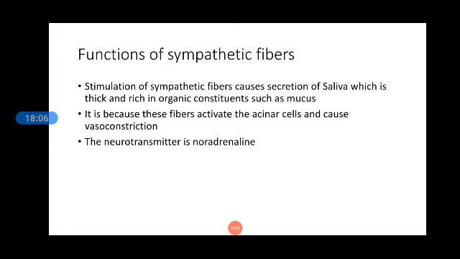The secretions produced by sympathetic fibers are thick in mucus, and the secretions due to stimulation of parasympathetic fibers have more water content. Is it clear? The neurotransmitter for parasympathetic fibers is acetylcholine, and for sympathetic fibers it is noradrenaline. Okay, this is about the nervous action.